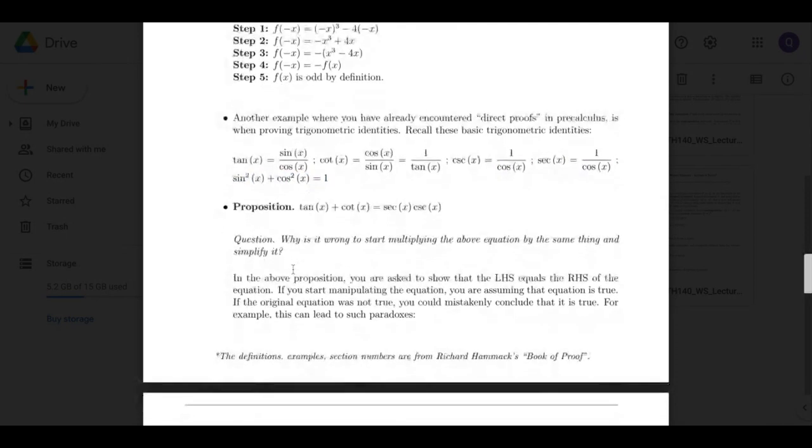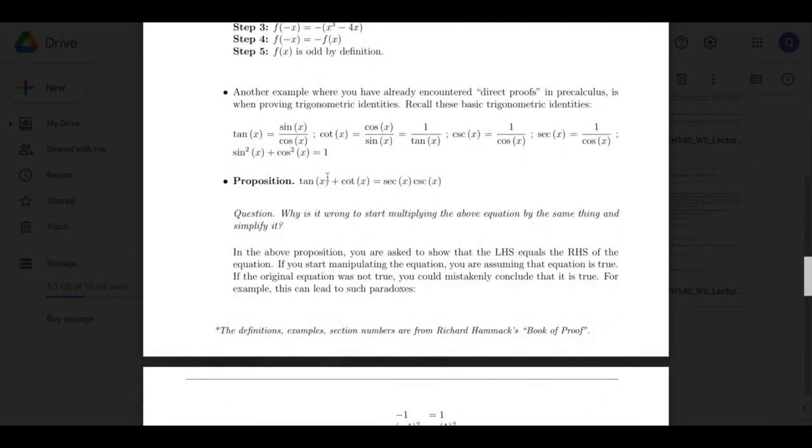So let's see, we have this proposition. We want to show tangent x plus cotangent x equals secant x times cosecant x, right? So we want to prove the two sides are equal to each other. We can go from the left-hand side and arrive at the right-hand side, or we can start from the right-hand side and arrive at the left-hand side.